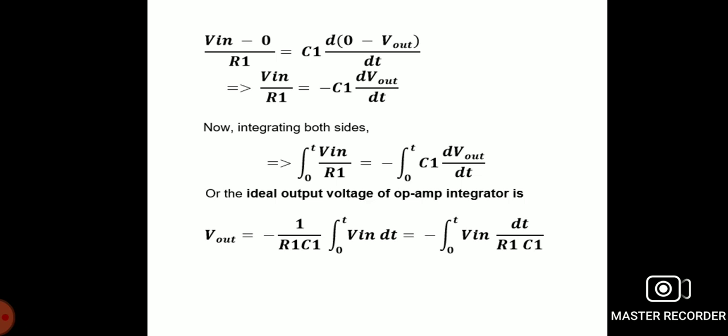The output voltage V naught has a negative sign, which indicates that there exists a 180-degree phase difference between the input and the output.